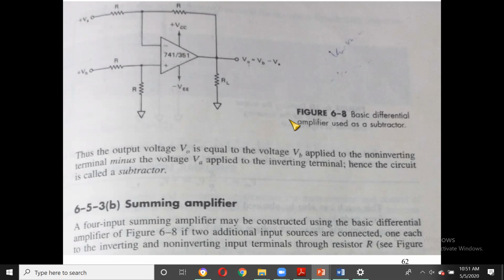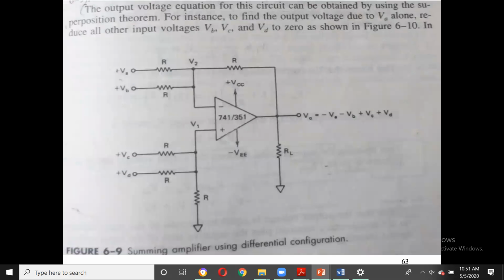So under this condition, how will the summing amplifier look? At the input side, you have VA, VB at the inverting terminal, VC, VD at the non-inverting terminal. So for that, we'll get minus VA minus VB here, because these two are inverted, and then these two are taken as they are, and that's why it is VC plus VD, right?